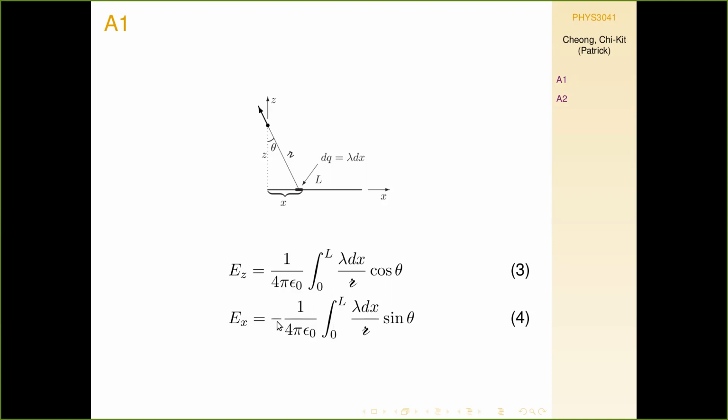Don't forget a minus sign here. This is because the positive direction of x is defined as pointing to the right, whereas the electric field in the x direction is pointing to the left. That's why we have a negative sign here.